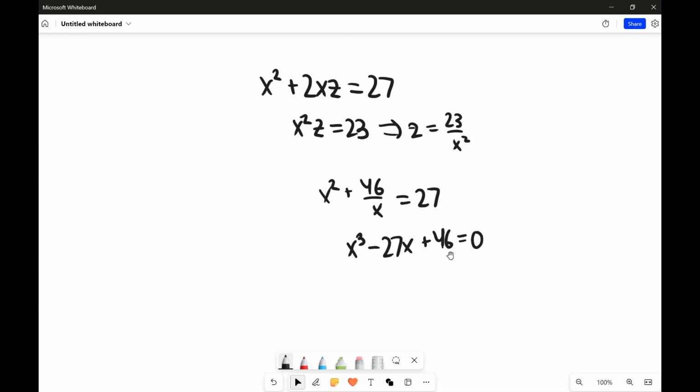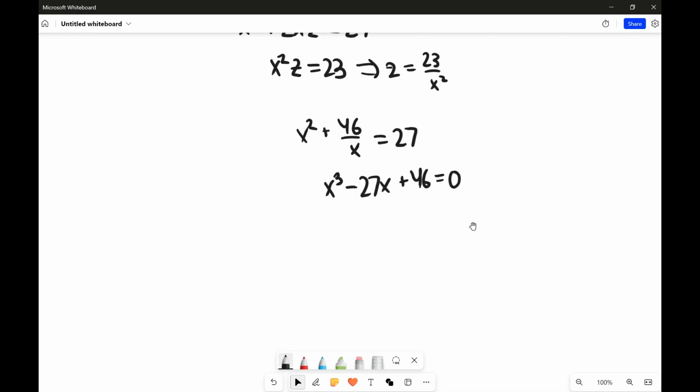And that rational solution, by the rational root theorem, must divide 46. And we're trying to make it positive, ideally, because x, y, and z are greater than 0. So let's try out the factors of 46 that are positive. For 1, we just have 1 minus 27 plus 46, which is 20. That's not 0.